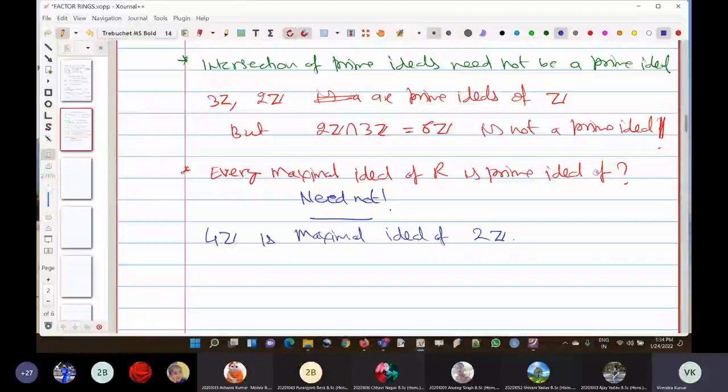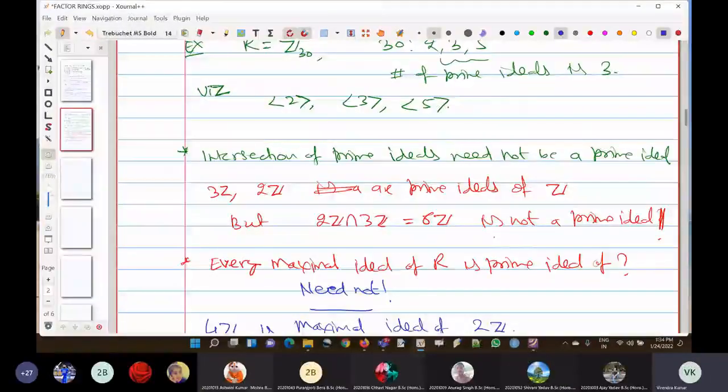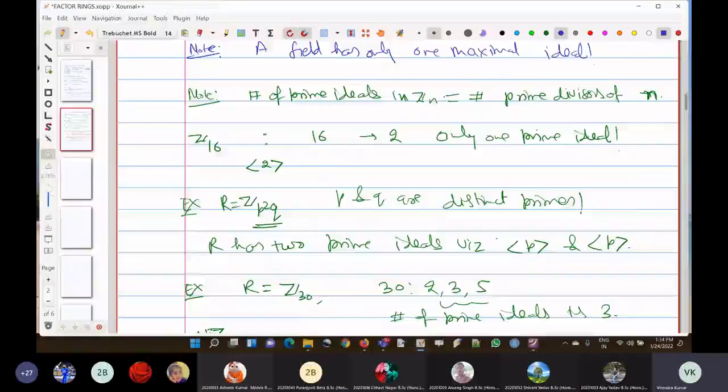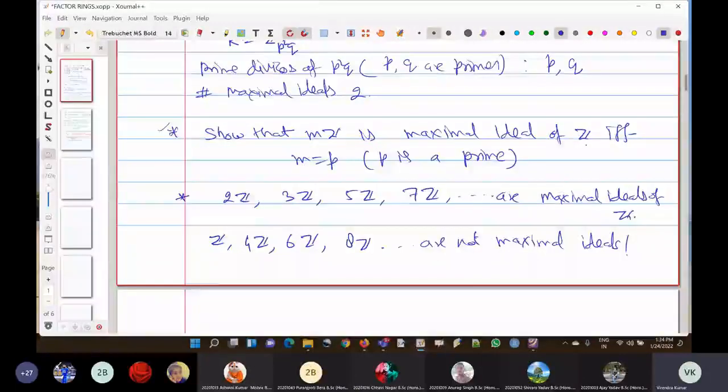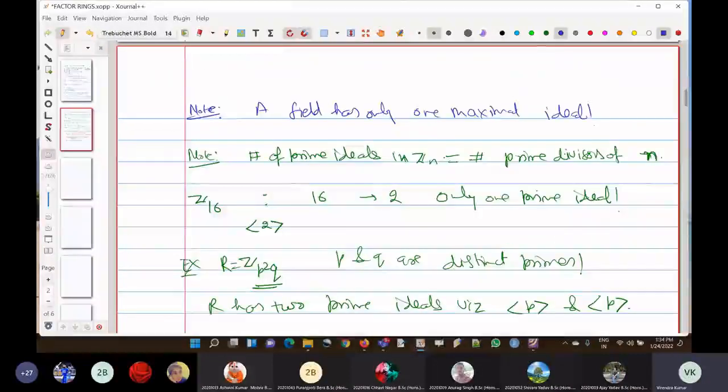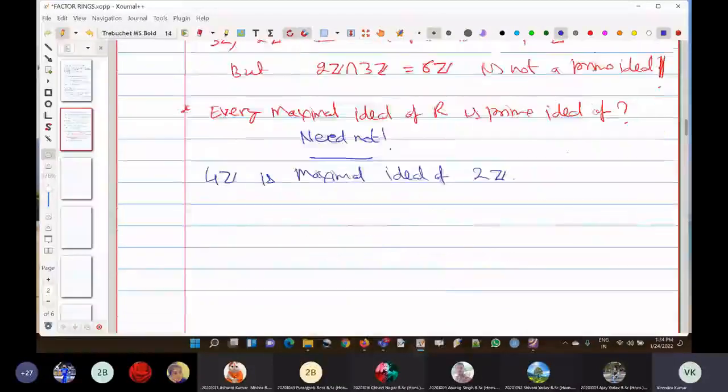There we talked about pZ like this in this example, so we are talking about the ideals of this. We are not talking about the ideals of Zn, but here we are talking about 2Z. So 4Z is maximal in 2Z, but not prime. For prime, we need to see some property.